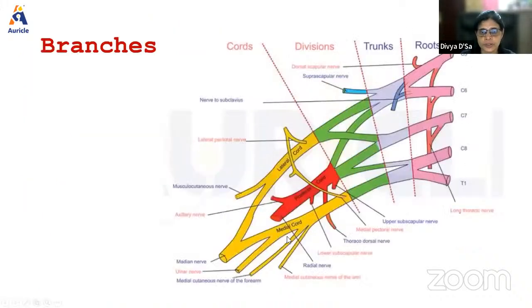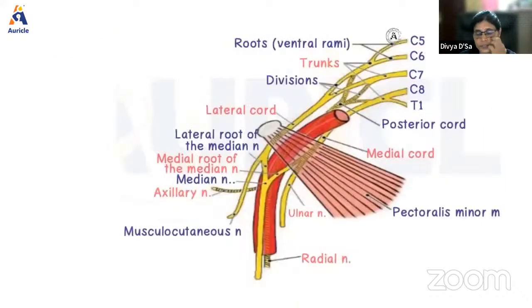Here you can show in different colors to know which are roots, trunks and all. Roots we see in the neck region. Roots and trunks, and the divisions form behind the clavicle. And the cords we see in the axillary region, especially in the first and second part of the axilla.